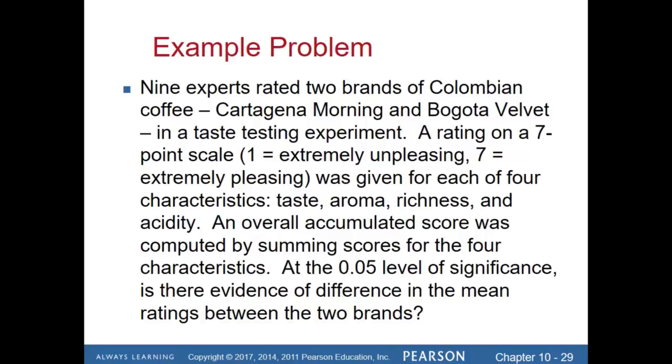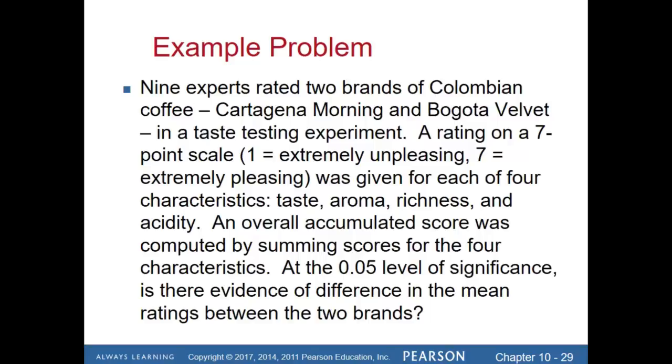And then we computed an overall sum of those 4 characteristics, an overall accumulated score. And what we are interested in testing is, at the 0.05 level of significance, is there evidence of difference in the mean ratings between the 2 brands?